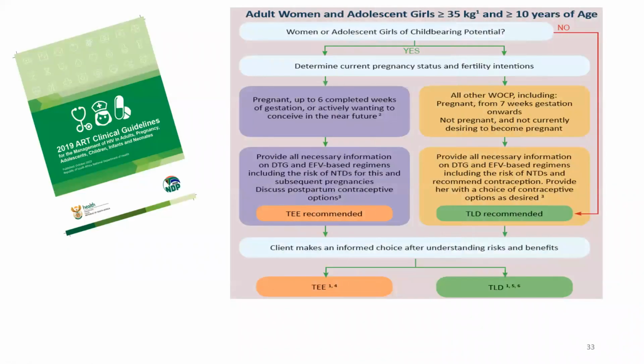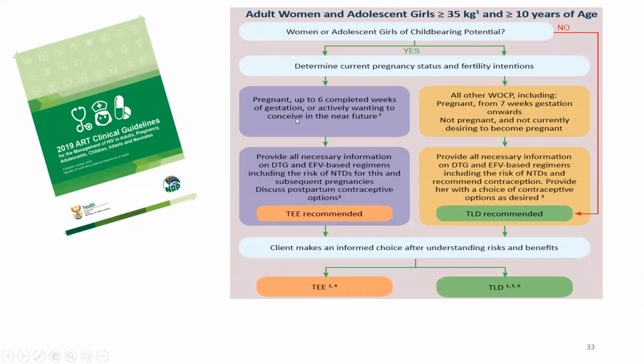Now, this diagram illustrates the eligibility in terms of TLD. So this was illustrated with women or adult girls of childbearing age, and then they determine their pregnancy status and fertility intention. Now, previously, when they introduced DTG, there was a challenge in terms of its neural tube defect.